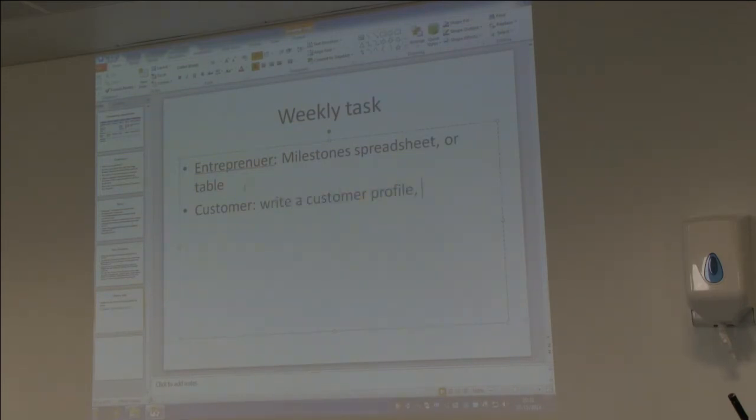I also want you to include images, gather images of who your customer is. So I want to know age, class, income, gender, race, parents, education and parents' education.